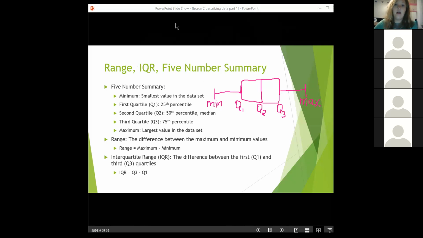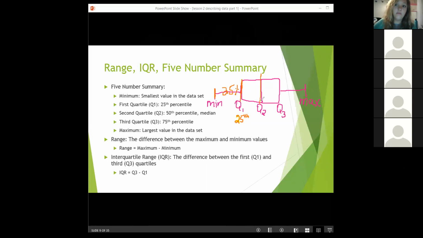In regards to quartiles, for the first quartile, this is going to be the 25th percentile. Percentile means the percent of the data that lies at or below that piece of data. So for Q1, this means that 25% of the data is between the minimum and Q1.